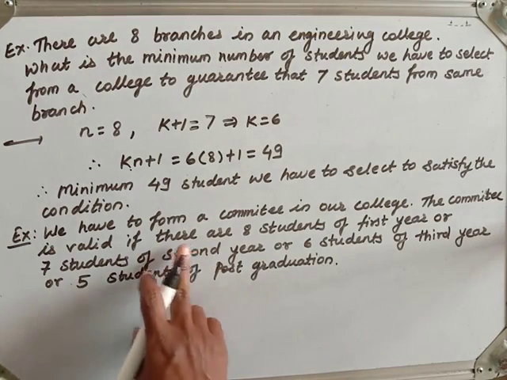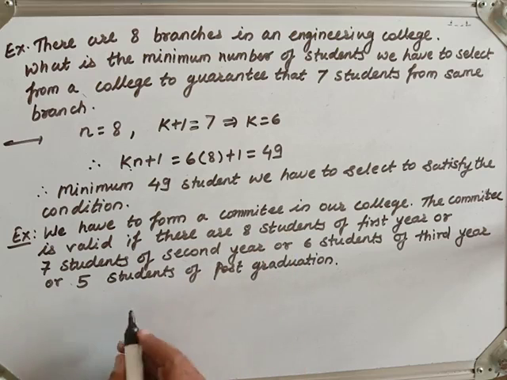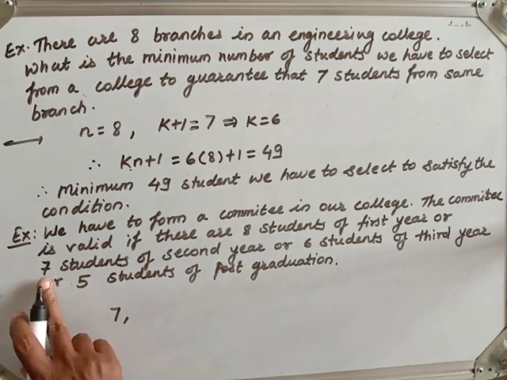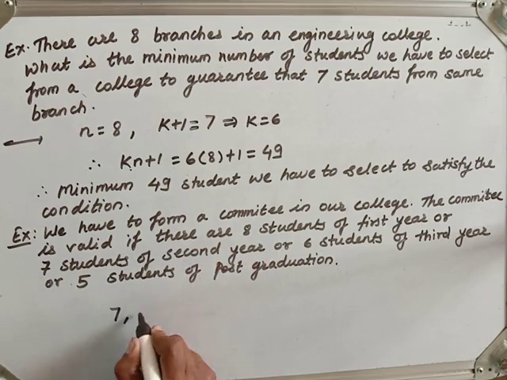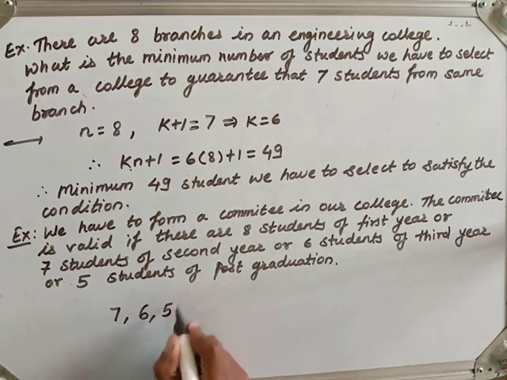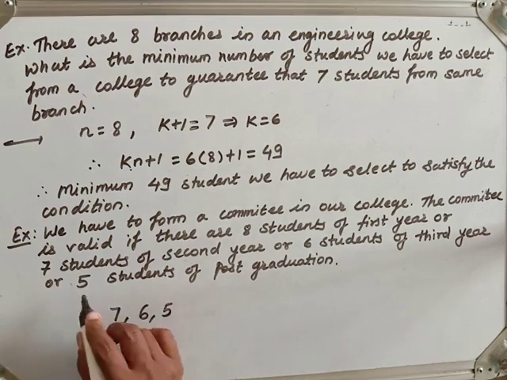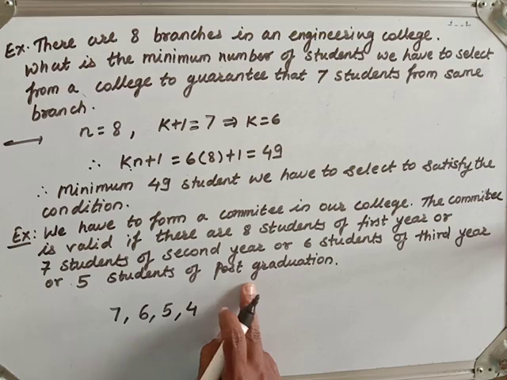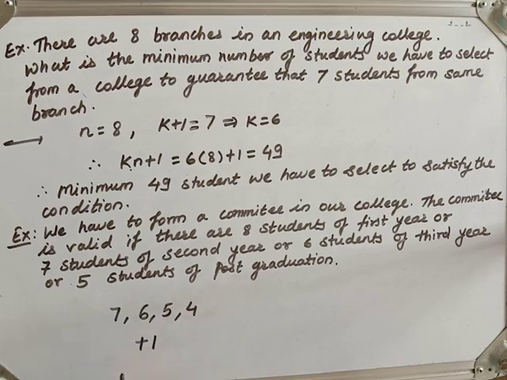This committee is valid. There are 8 students of first year, so let us select 7 students from first year. 7 of second year, so let me take 6 of second year. 6 students of third year, so let us take 5 of third year. Then 4 of post graduation. Now suppose I add one more student. It may be of first year, second year, third year or post graduation.